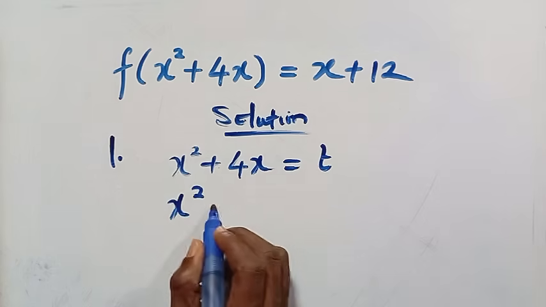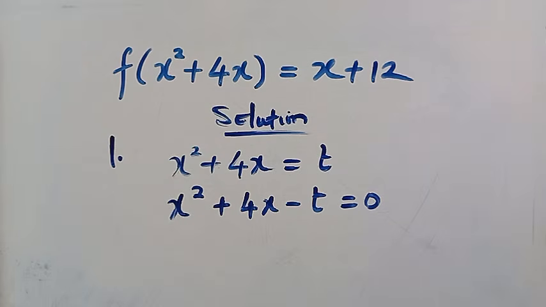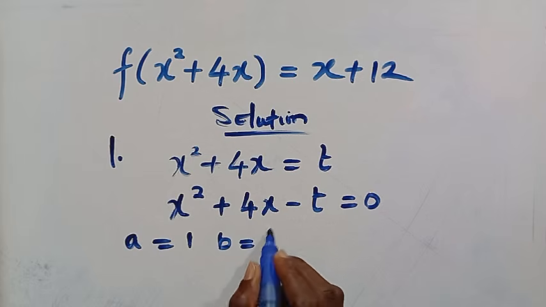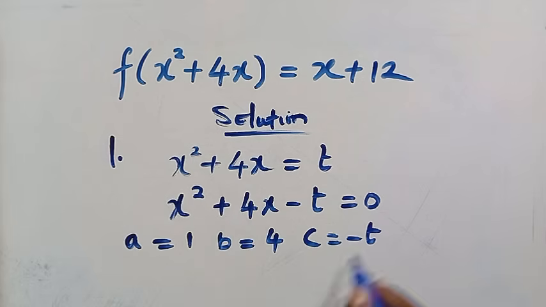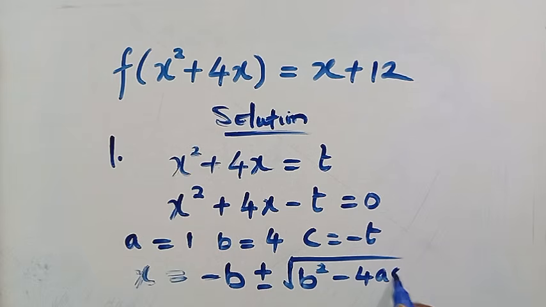Here we have x squared plus 4x minus t equals 0. We solve this quadratically. Solving for the value of x requires knowing the value of a, which is 1, the value of b, which is 4, and c, which is minus t, using the quadratic formula. The formula is x equals minus b plus or minus the square root of b squared minus 4ac, over 2a.